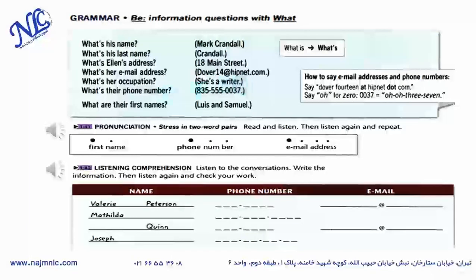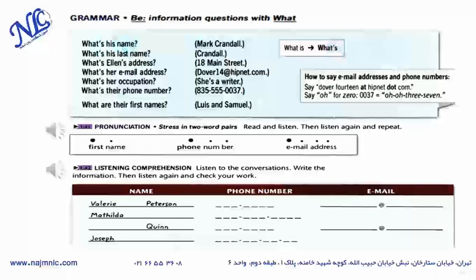She's a writer. What's their phone number? Look, 835-555-0037. Okay? One by one, read the numbers. And 0, we don't say 0, we say O. Okay? 0037. What are their first names? Liz and Samuel.